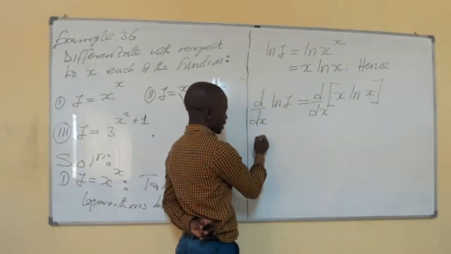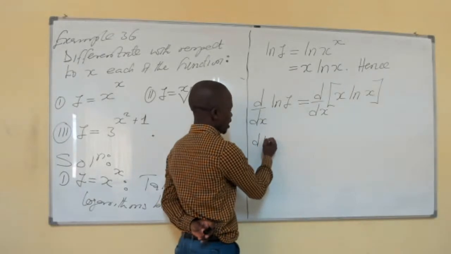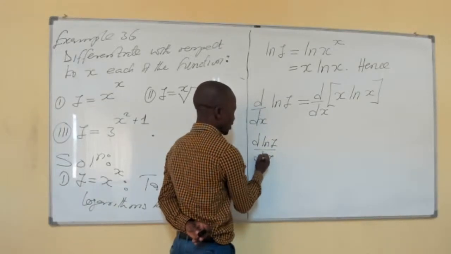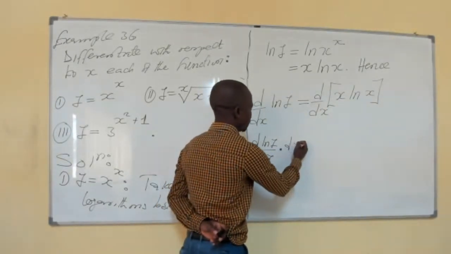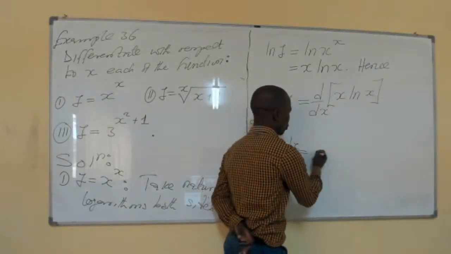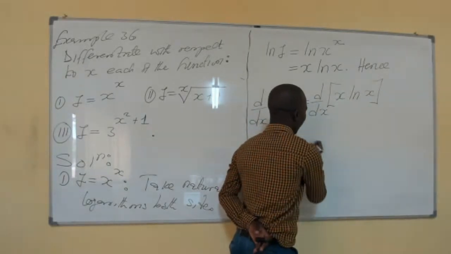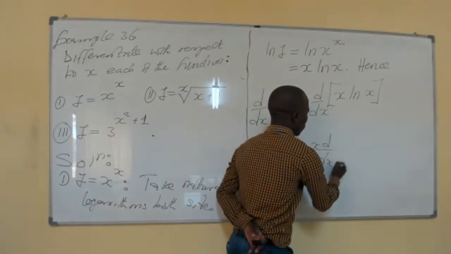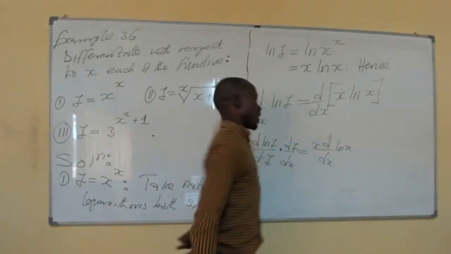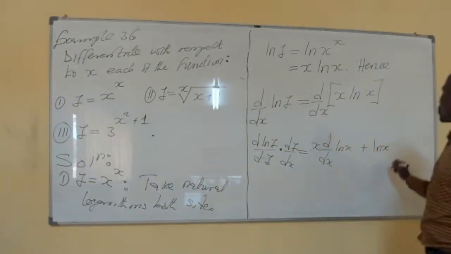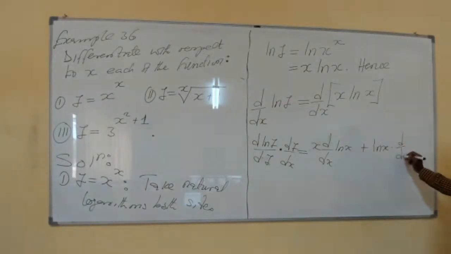Now, on the left hand side, this is the same as the derivative of ln of y with respect to y, implicitly multiplied by the derivative of y with respect to x. That's what implicit differentiation states, which is equal to x times the derivative of ln of x with respect to x, plus ln of x multiplied by the derivative of x with respect to x.